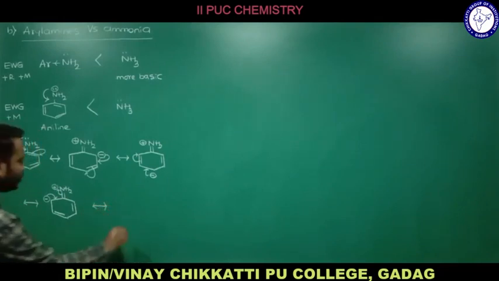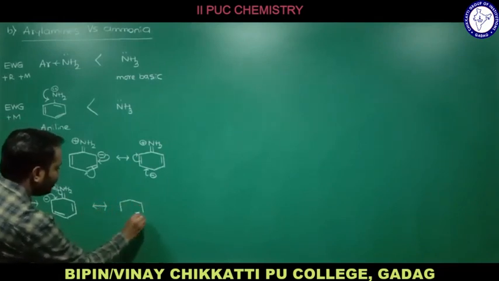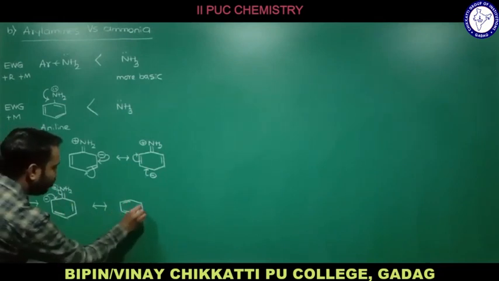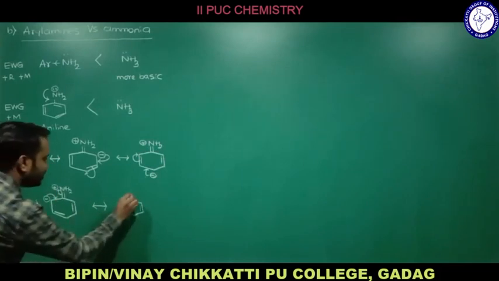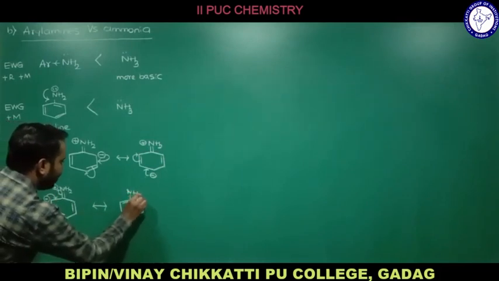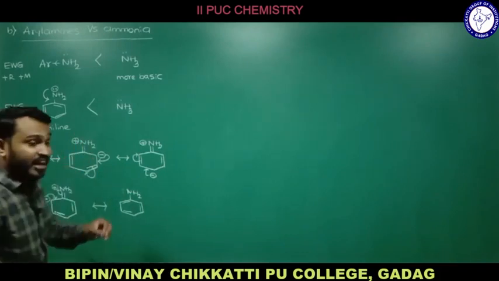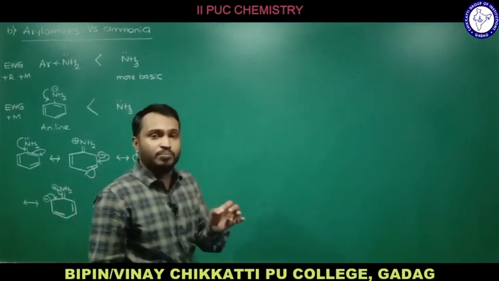What we get here is a benzene ring with double bonds over here, over here, and over here. Since this has shifted, we have a single bond to NH2, and this nitrogen has a lone pair of electrons. So 1, 2, 3, 4, 5: five resonating structures are possible for aniline.